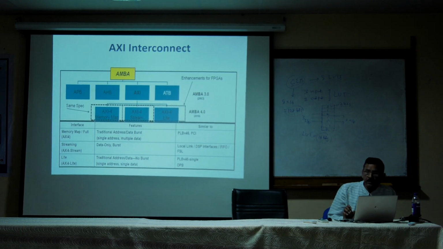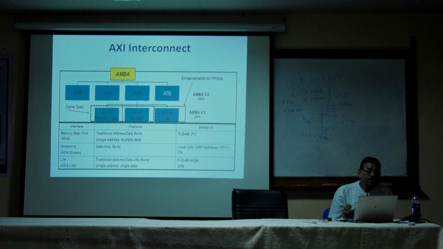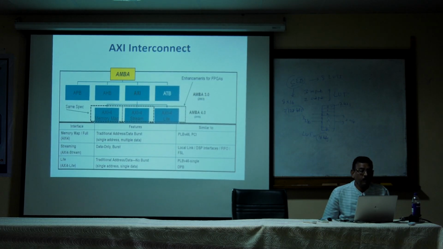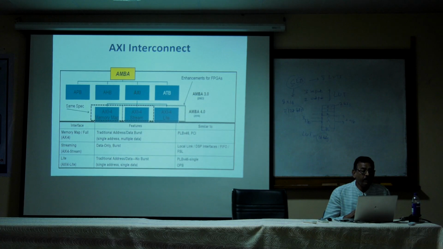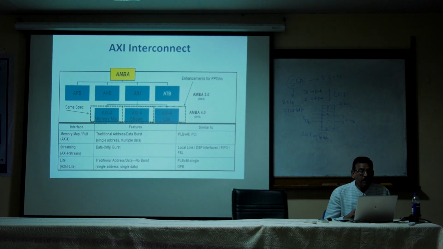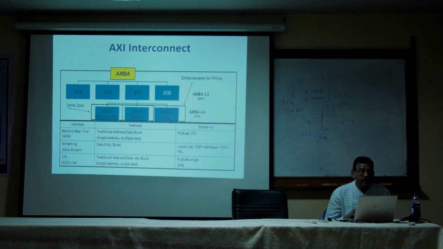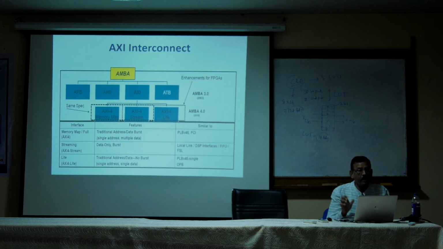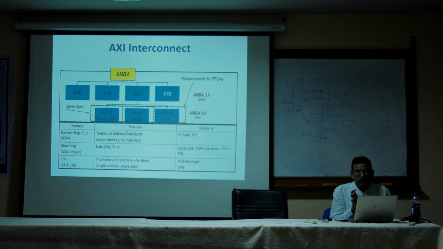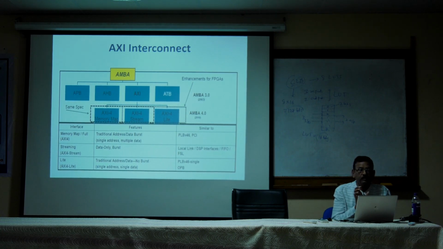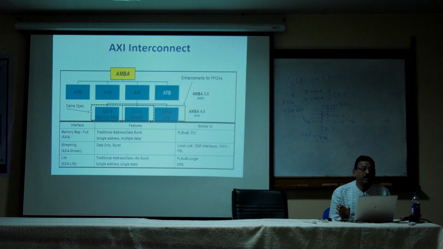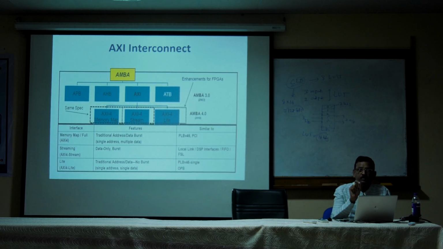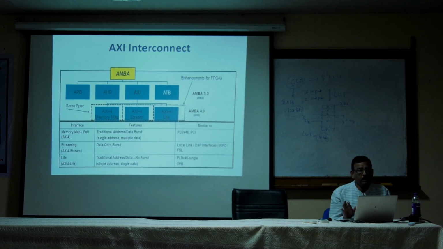If you want burst transfer operations, then you have to use the AXI4 memory map interface. Burst data means multiple data with the same single address, so we can transmit multi data, DMA transfers.